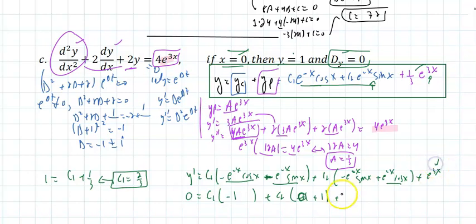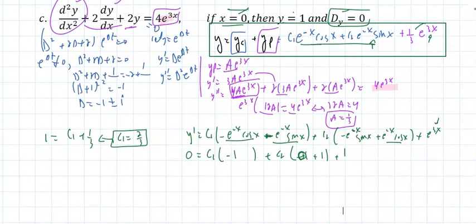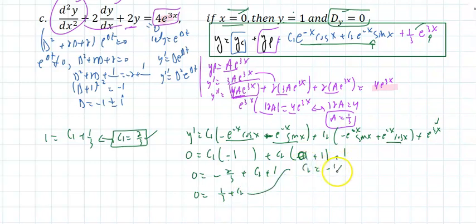If you put a 0 there, that's a 1. So there it is. I have 0 equal negative c sub 1, but c sub 1 is 2/3, plus c sub 2 plus 1. So I have 0 equaling 1/3 plus c sub 2, so c sub 2 is negative 1/3. So I got c sub 1 and c sub 2, plug them in and you're done.